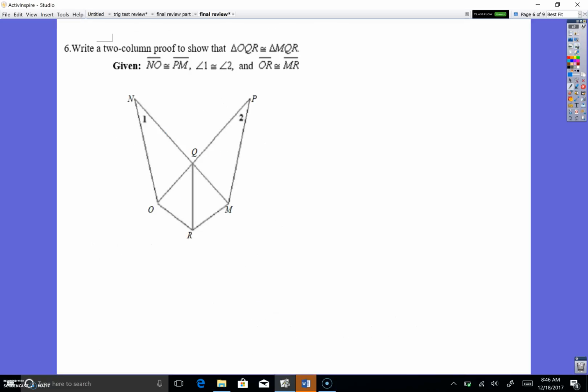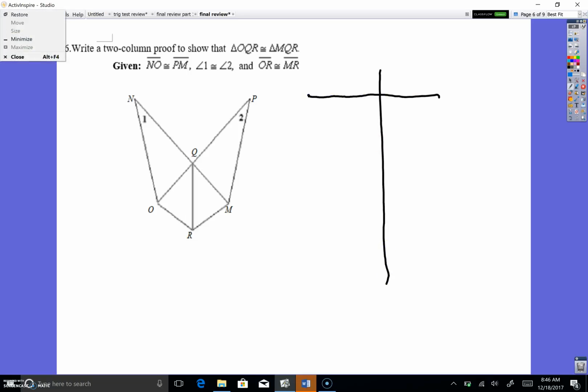Number C, write a two-column proof to show this. I can start off with NO is congruent to PM. This is given.